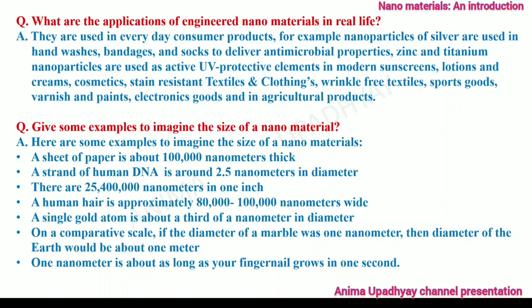A single gold atom is about a third of a nanometer in diameter. On a comparative scale, if the diameter of a marble, the glass balls with which the kids play, was 1 nanometer, then the diameter of the earth would be about 1 meter.